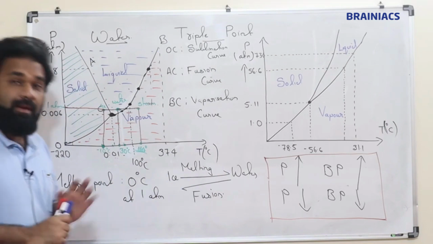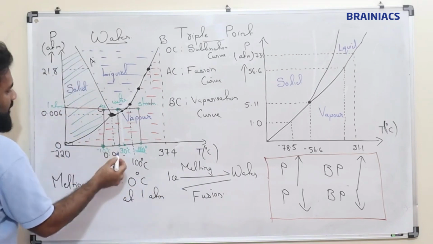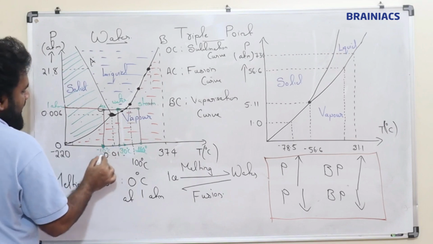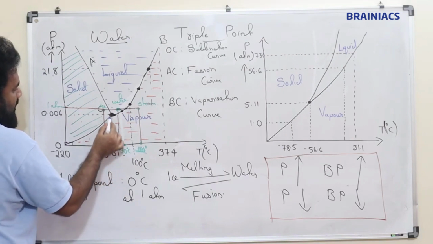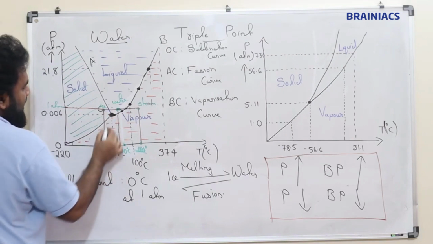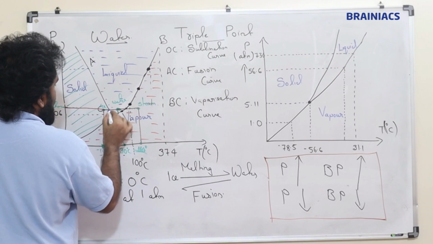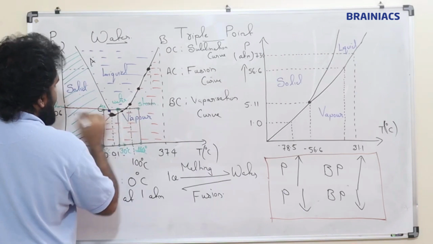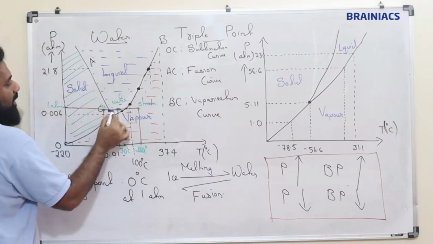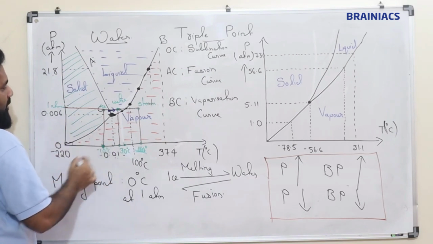Now what will happen to melting point based on the pressure? Suppose again we consider this is minus 10 degrees Celsius, this is 0.01. Suppose we consider 0 degrees Celsius somewhere here. This ice will become water at what pressure? At 1 atmospheric pressure.